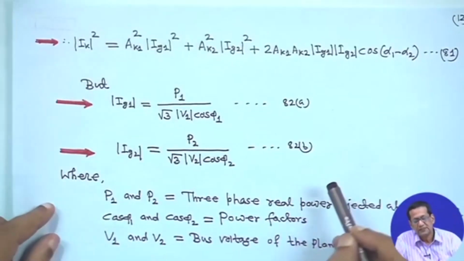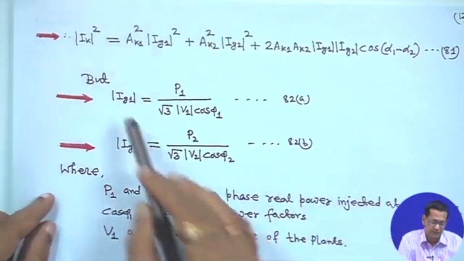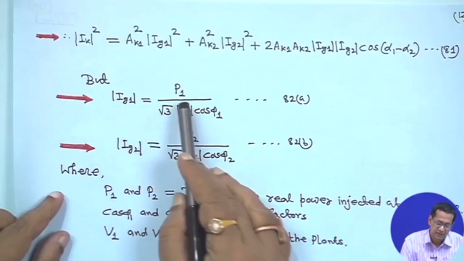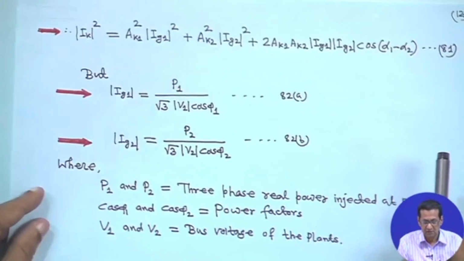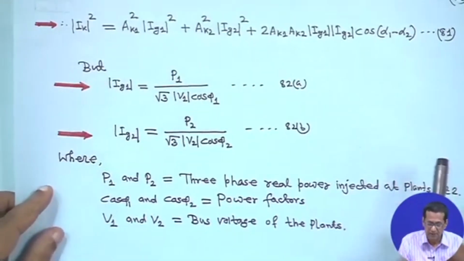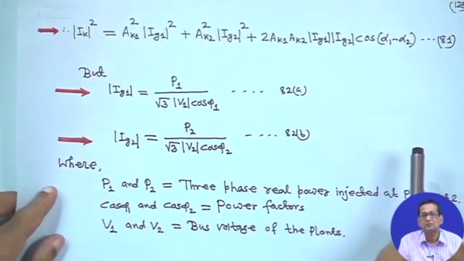Now, we know in general power P is equal to root 3 V I cos phi. Therefore, for generator 1, magnitude I_g1 is equal to P1 upon root 3 V1 cosine phi 1, where cosine phi 1 and cosine phi 2 are the power factor angles at generating stations 1 and 2 respectively.